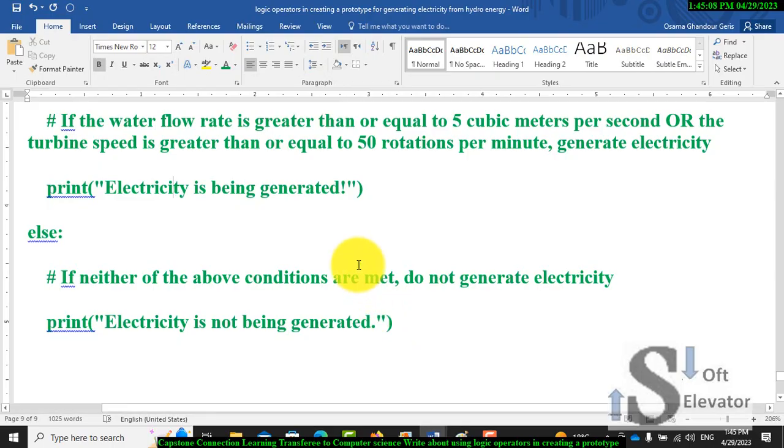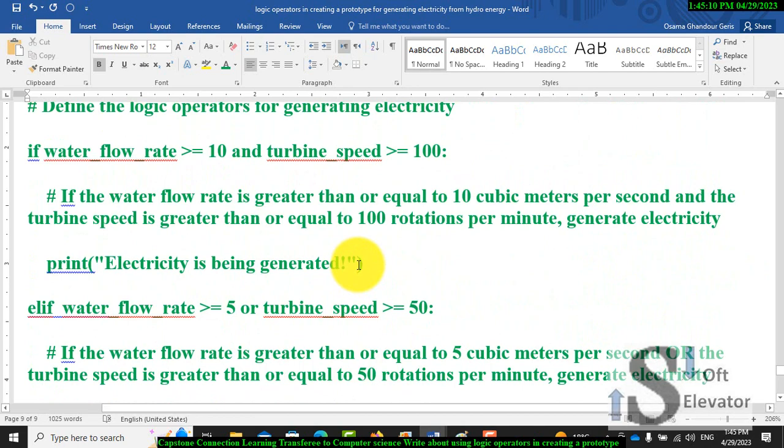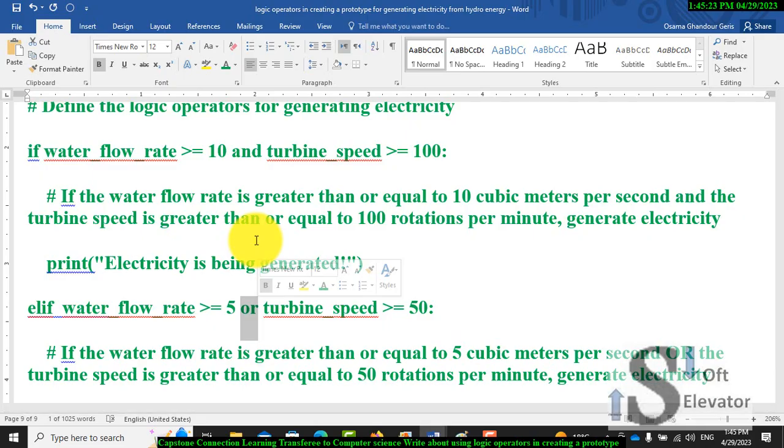So in the first two cases, which are accepted, we are using AND here and OR here, and in these two cases a printed message will appear, electricity is being generated, or a green LED will light.